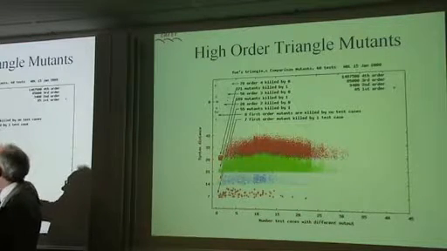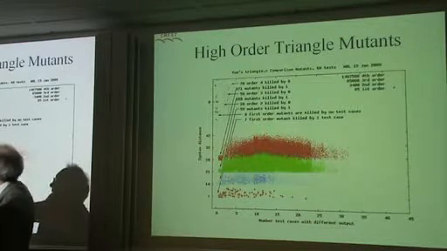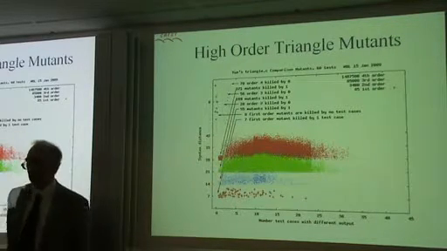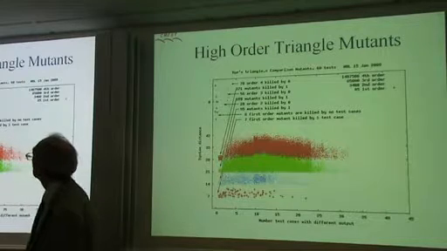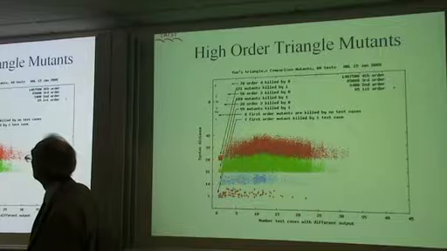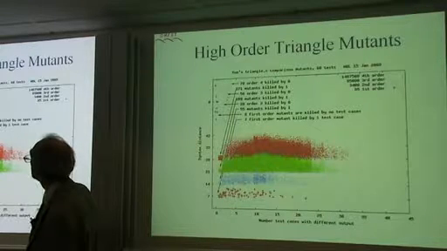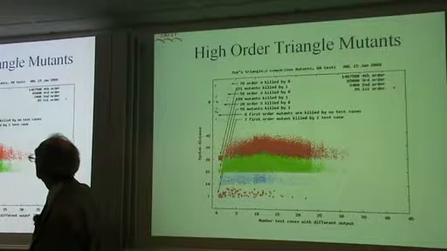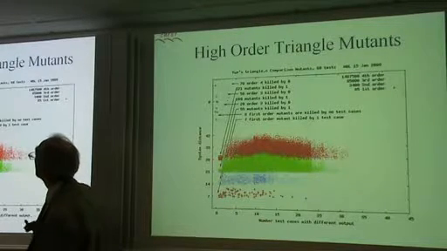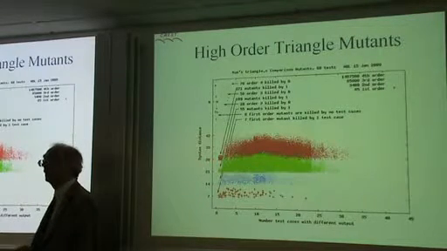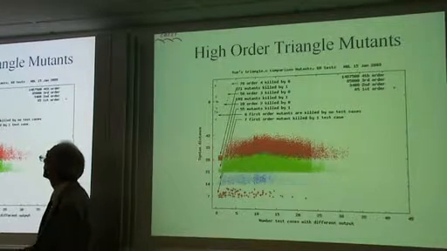Although the distribution changes, it doesn't change radically, in the sense that the center is between 10 and 15, even as we go to higher order. And again, I've done the trick of plotting the equivalent ones up in this corner, and you can see the figures show that as we go to higher order, the fraction of higher order equivalent mutants falls away quickly.